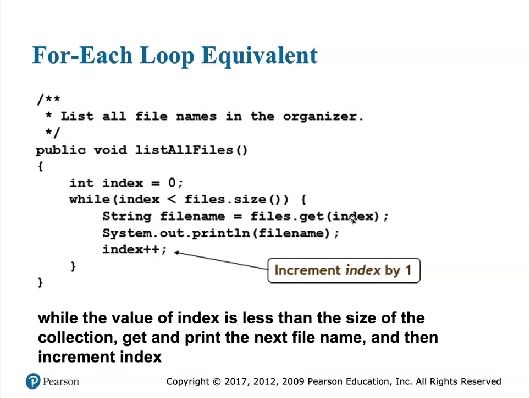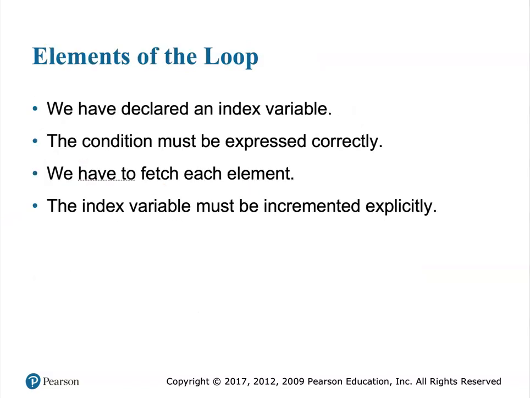Here, because we're dealing with an array list, and an array list allows us to get things by index, we could implement the same thing using while loop syntax. In order for that to work, we had to declare a variable ahead of going into the while loop.